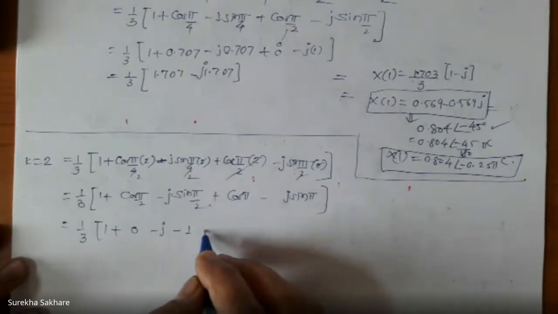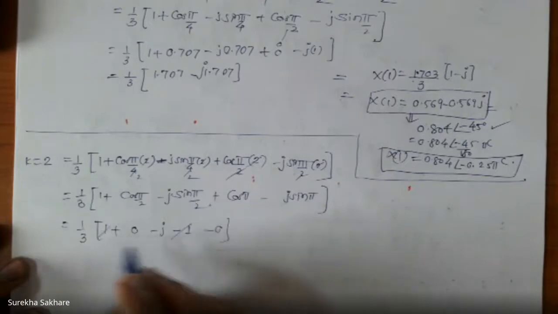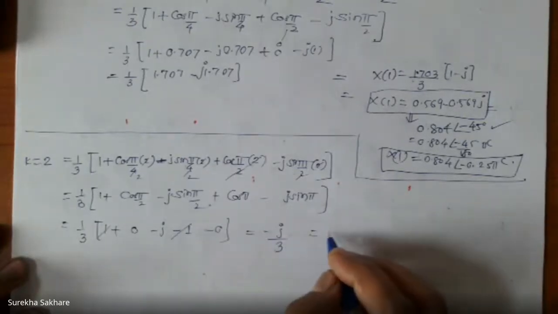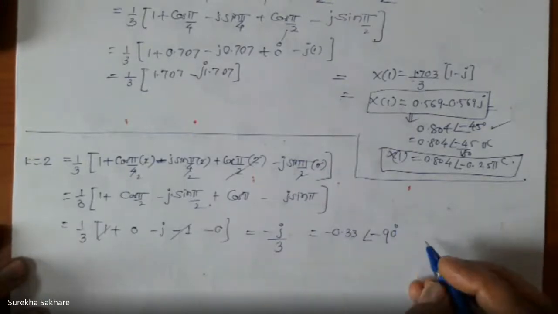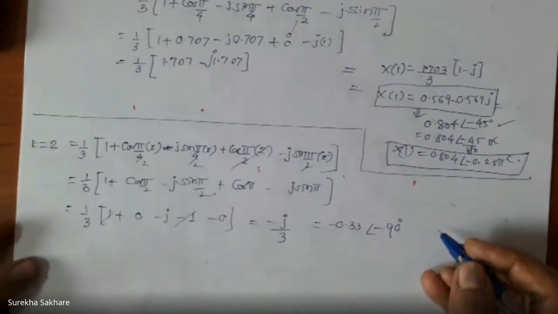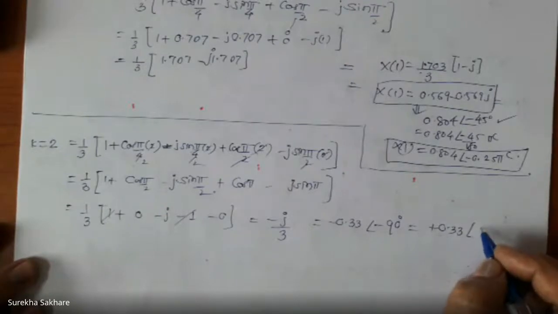So you have this getting cancelled. You have minus j by 3. It is 0.33 angle minus 90 degrees, which is minus pi by 2 radians.